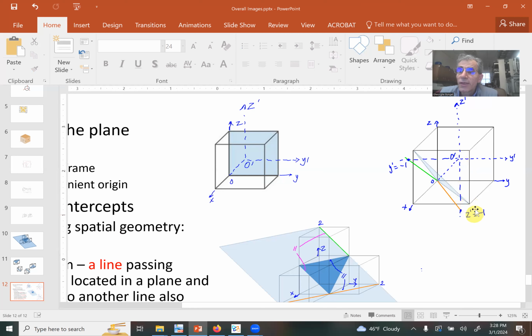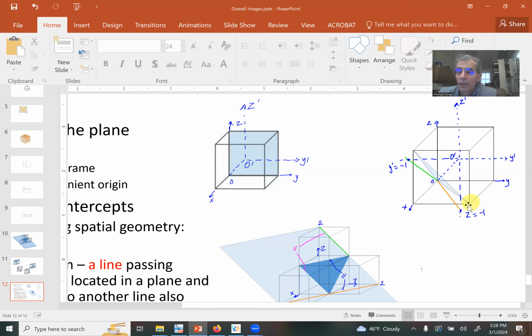In that case, you can see that this line right here, the one on the XY plane, I can elongate, and it will intercept the y prime axis at -1. Why am I so confident that that's going to happen?